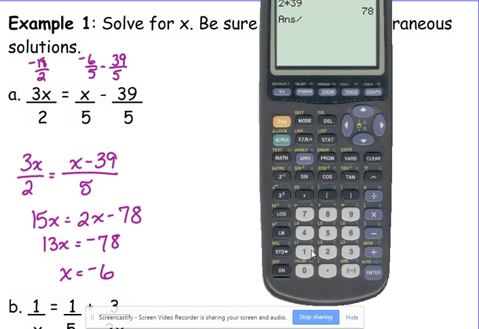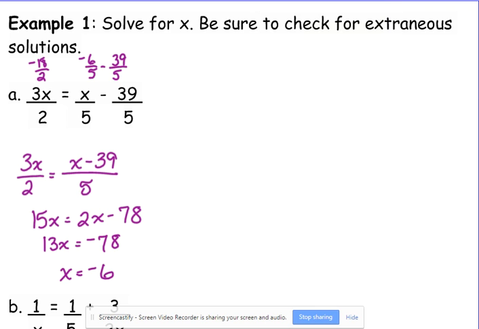And then divided by 13 is 6. Okay, it is negative 6. So 3 times negative 6 is negative 18. Oh, there's nothing wrong. Jeez. That's negative 45 over 5, which is negative 9. Okay. Left side equals right side. All right, we're good. That checks out.